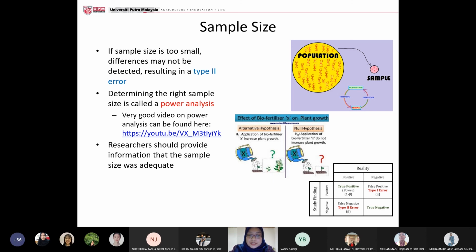If you look at the last figure below, your reality is actually positive. So there is actually an effect of the fertilizer on plant growth. But if you have a very small sample design, you might find from your findings that the answer is actually negative. So from your finding, it says no, there's no particular effect. And that may happen because your sample size is very small.